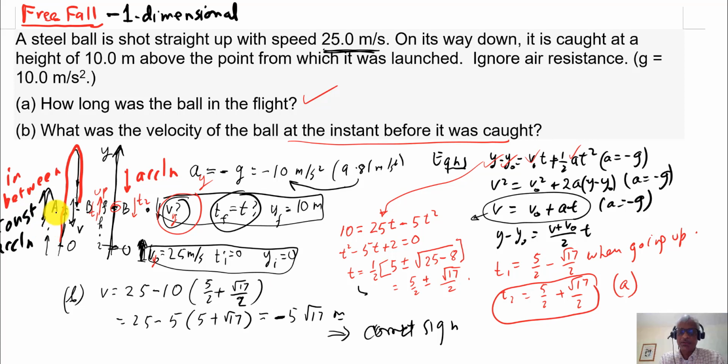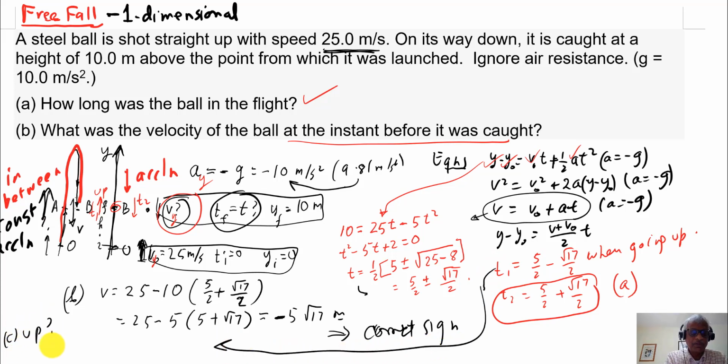When it was going up, it will be this time, right? So if you work that out, for v going up, v will be 25 minus 10 times (5 over 2 minus the square root of 17 over 2).